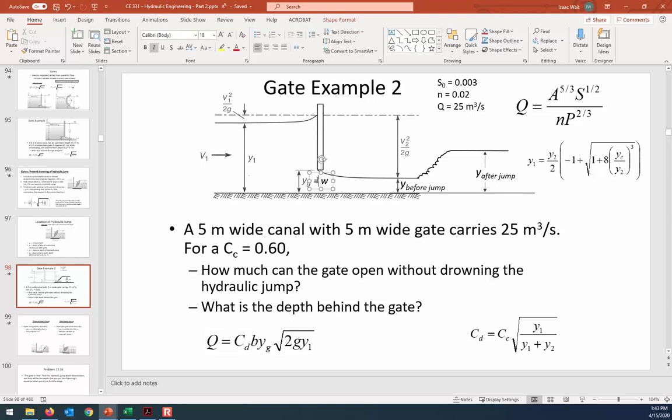We know how much the gate has been opened, and so the only unknown would be Y1. So those are the steps.